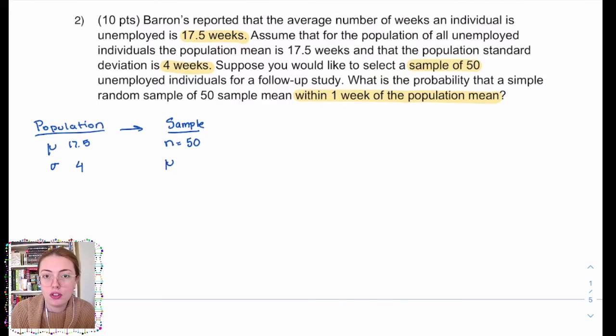We then want to, in this case we'll actually say X bar because it's a sample. We want to know the probability that that X bar, that average of the sample, is going to be between 1 of the population. So the population was 17.5, so we want plus or minus 1.